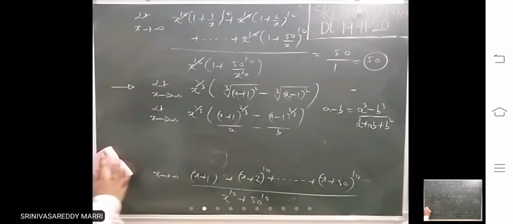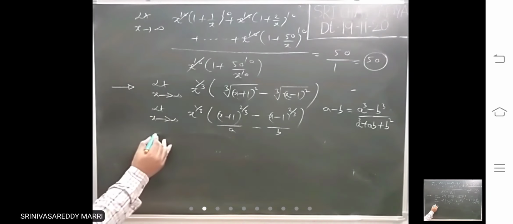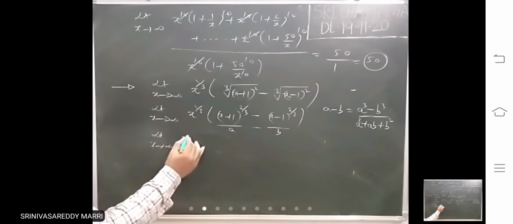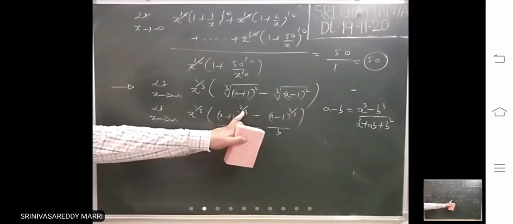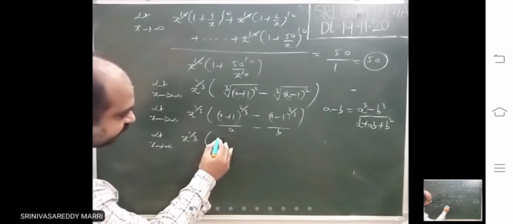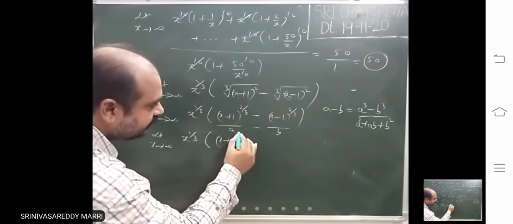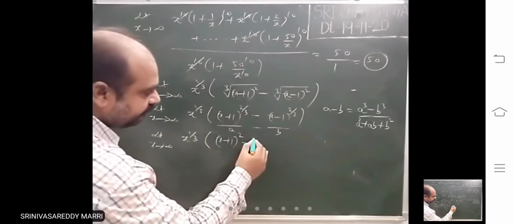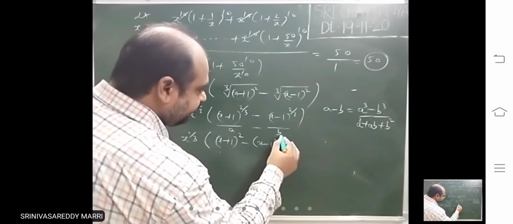So a cube, the power 1 by 3 will get cancelled, and the x power 1 by 3 will remain the same. A cube means what will remain? (x plus 1) whole square, and minus b cube means (x minus 1) square.